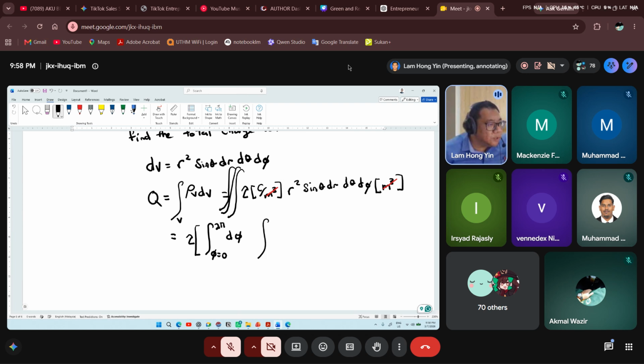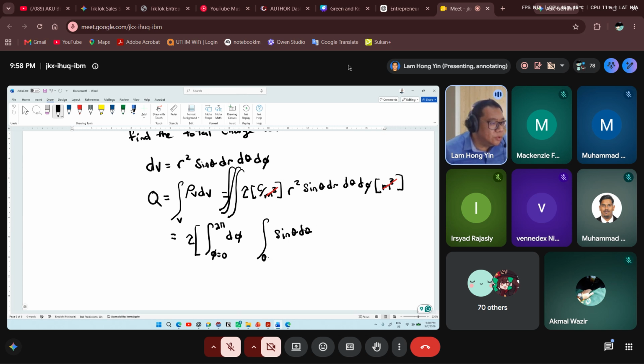Then what else? Next, after phi, you want to integrate theta. Those related to theta are the sine theta and d theta. You cannot take out the sine theta as a constant, because theta will change according to the changes of d theta.